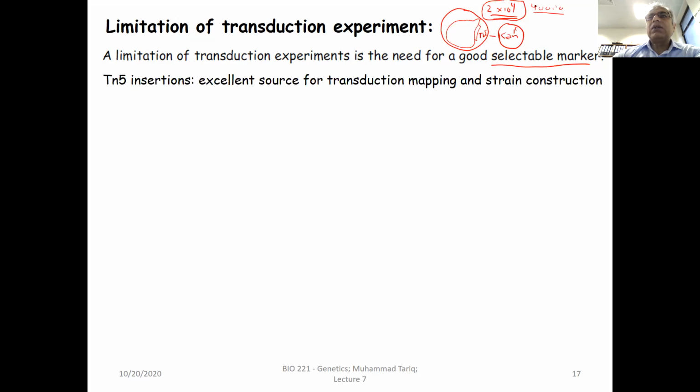So 20,000. Yes, 20,000 bacteria carry independent Tn5 mutagenesis. If I draw the bacterial genome, we have independent Tn5 insertions. Each line means independent kanamycin resistant bacteria everywhere in the genome.